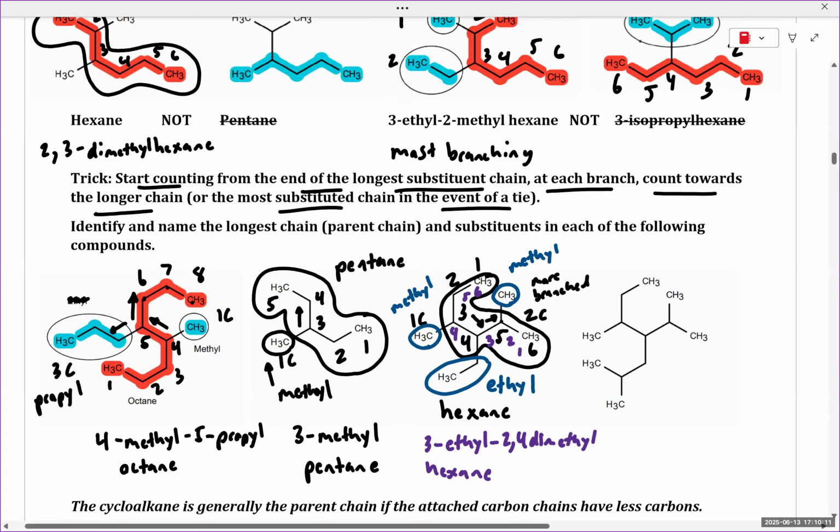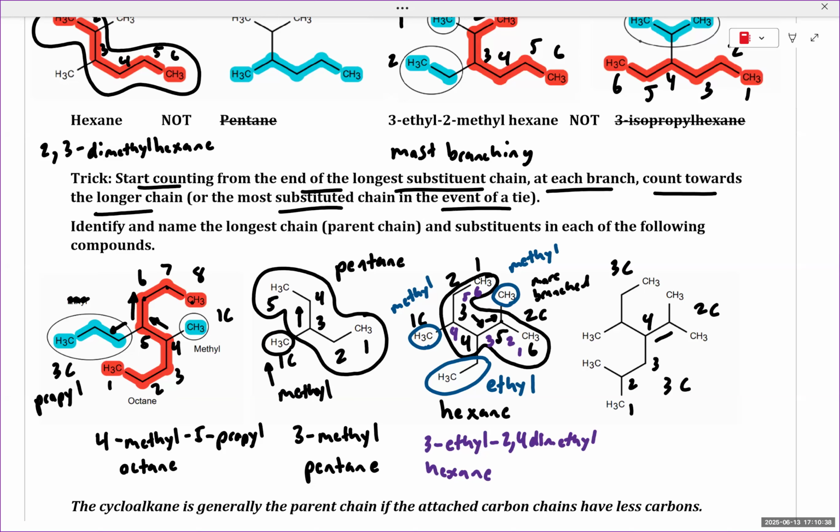Okay, looking at this last example here, we have a 1, 2, 3 carbon chain with some branching, a 2 carbon chain, and a 3 carbon chain with some branching. So in this case, we can pick either of the 3 carbon chains to count down. 1, 2, 3, 4.